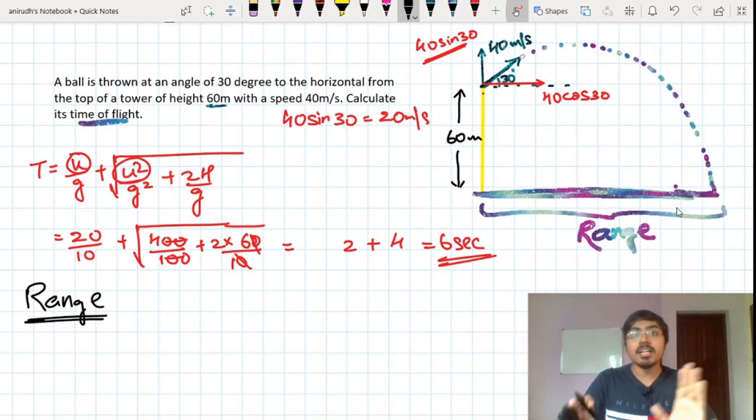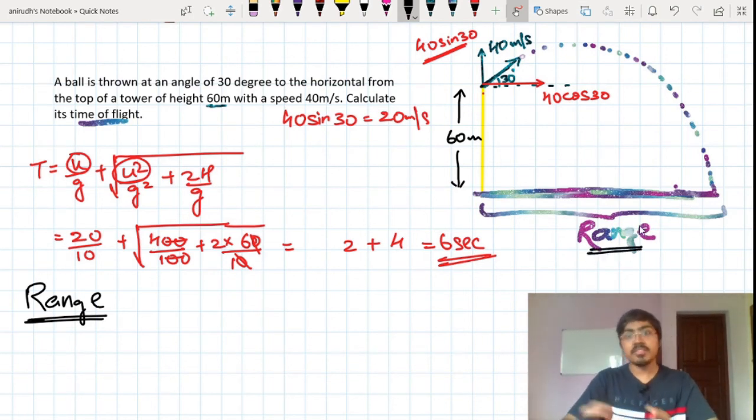It is covering this much distance in the horizontal direction. Eventually, this is the displacement also.